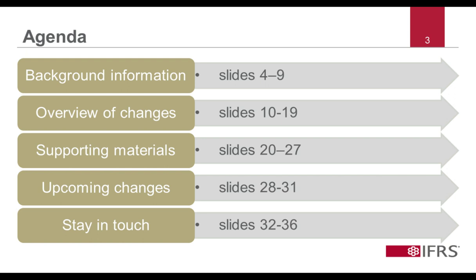We will then introduce Taxonomy 2018 and discuss the changes from the 2017 Taxonomy. We'll also tell you a bit about supporting materials that allow you to view the IFRS Taxonomy in different ways. Finally, we'll highlight some of our ongoing work towards developing the IFRS Taxonomy and supporting it in practice, and we will show you how you can contribute and stay up to date with our various activities.